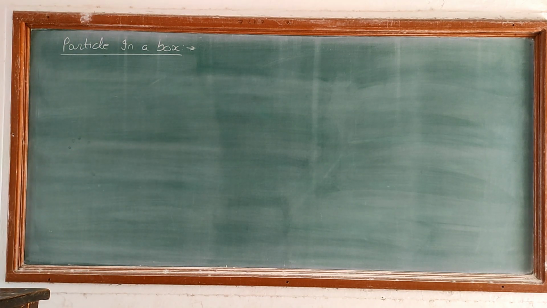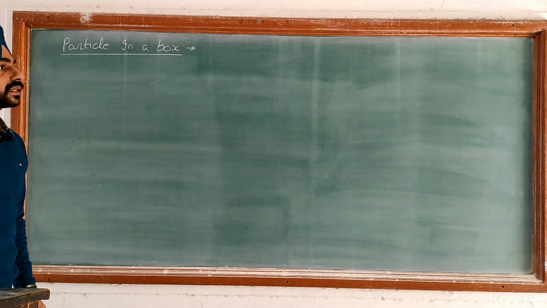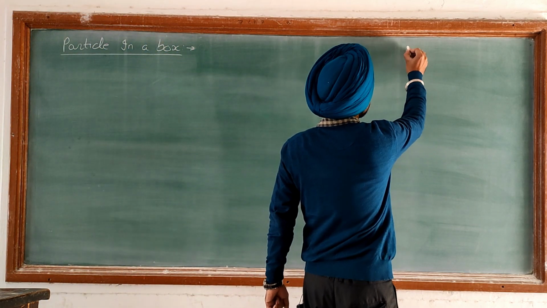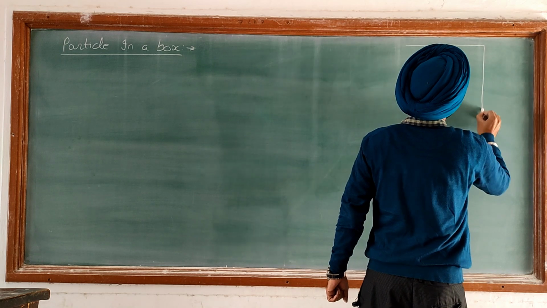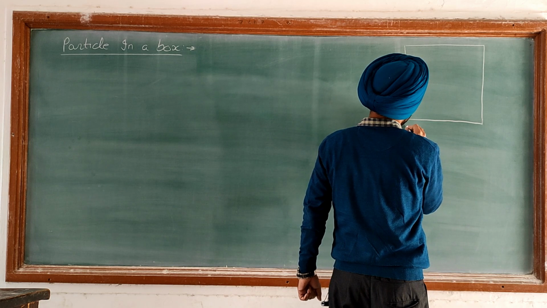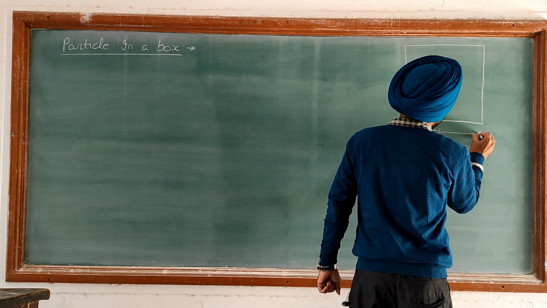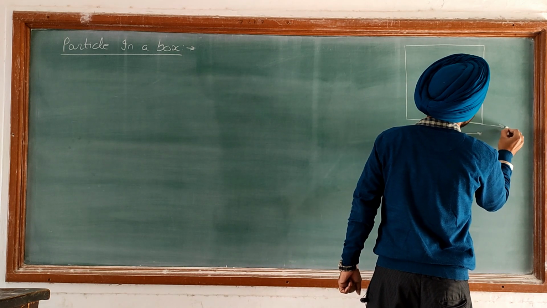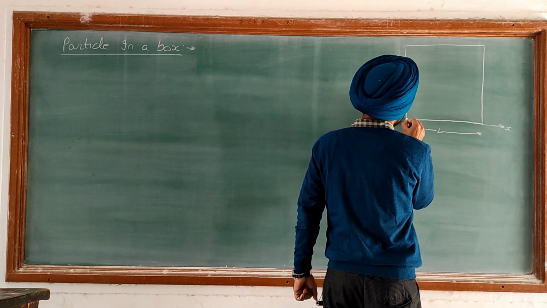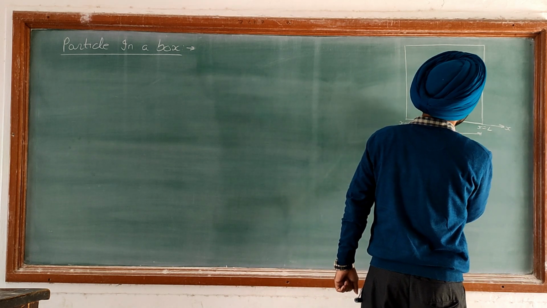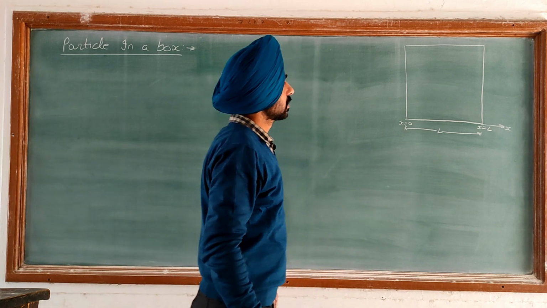So we consider that a free particle of mass m is confined to move in a one dimensional rectangular box of length L. We consider this is a box, its length is L. Along this x axis, this is the origin, x is equal to 0, and x is equal to L. So this is the length L of the box.